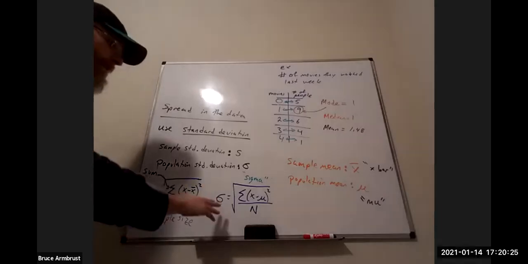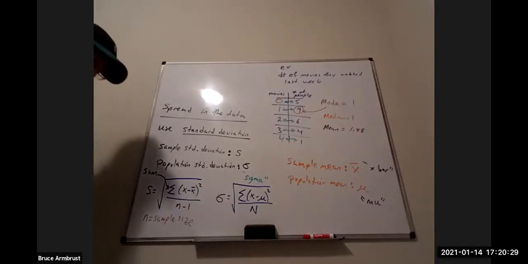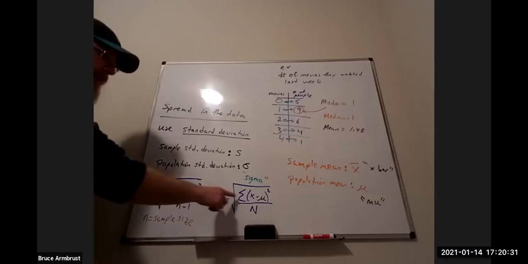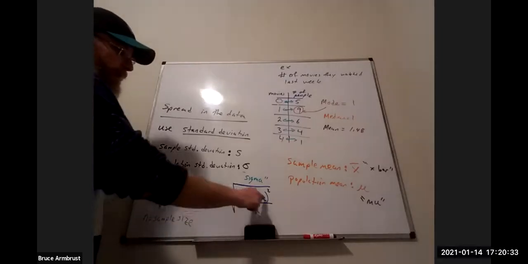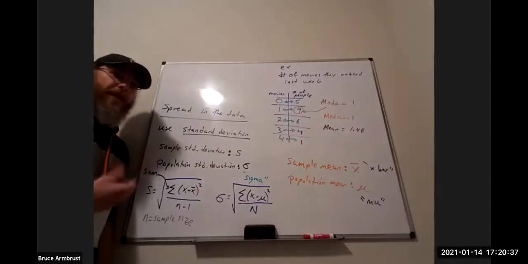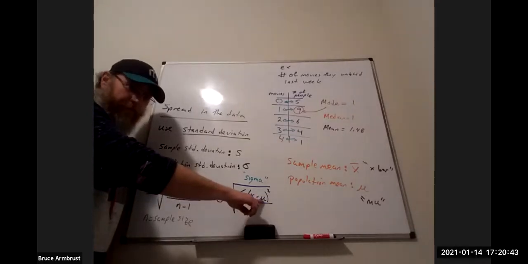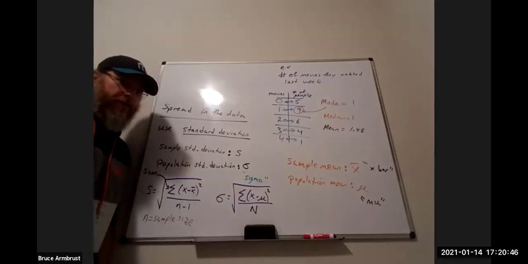For the population standard deviation, you'll notice it looks very similar. It's still a square root. There's still a sum on top, but now instead of x minus x bar, it's x minus mu. We're still looking at how far the values are off of the mean. It's just now we're using the population mean instead of the sample mean, because we're talking about the whole population.